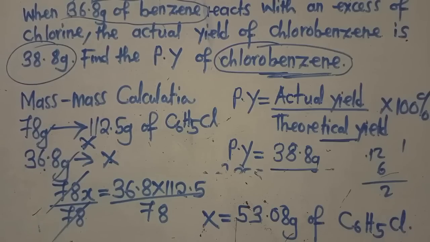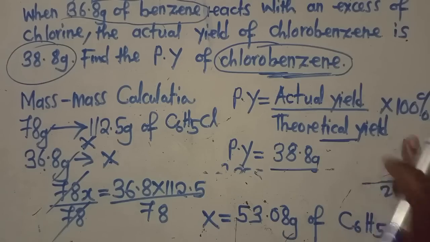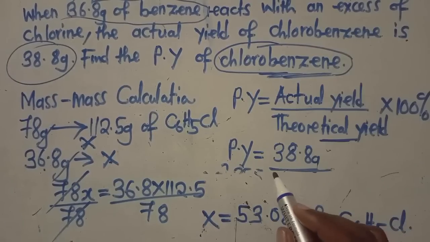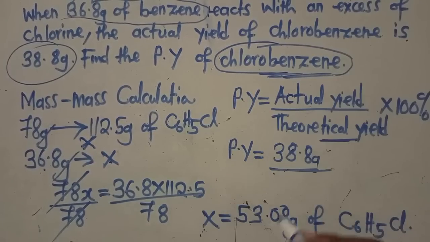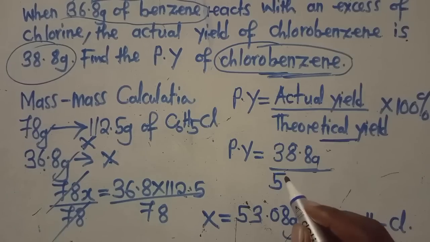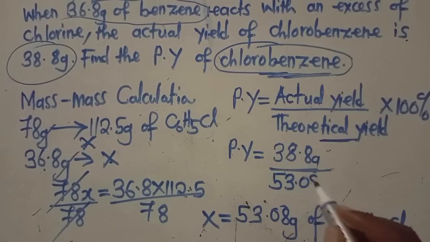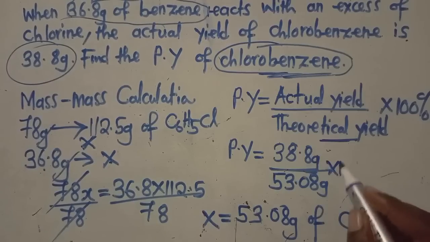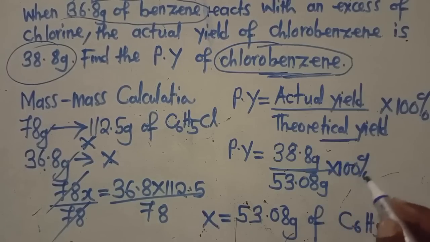So I've calculated this one. It is the one that I'm going to put on this formula now. So since I've calculated this one, I put it there now. 53.08 grams. Even there are grams multiplied by 100%. What is the answer there? What answer are you going to get?